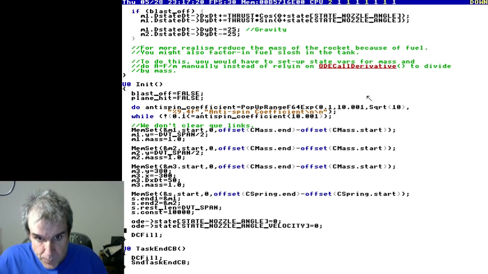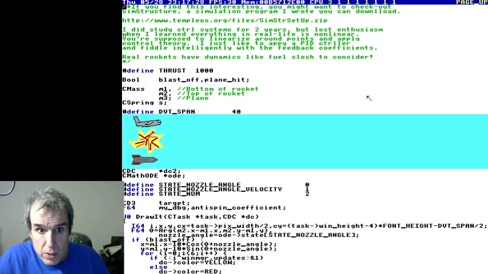Anyway, in my operating system, I changed names. This might have got clobbered accidentally. I don't know. What do you think DVT stands for? Derivative type? I don't know. Oh well. Anyway, that's the height of the rocket, 40 pixels.